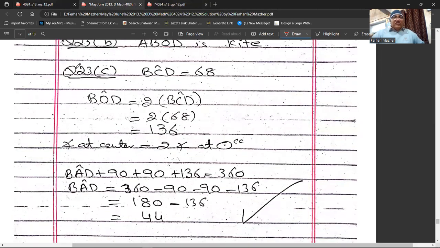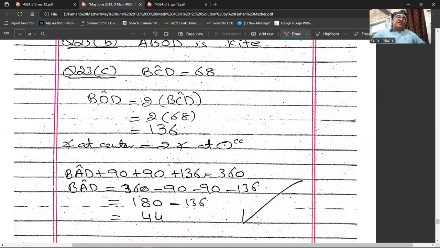So question number 23, C part: BCD is equal to 68. The BOD will be equal to 2 times the BCD. It will be 2 into 68, that will be 136. The reason is the angle at the center is 2 times the angle at the circumference. Then we will have BAD plus 90 plus 90 plus 136 equals 360. I explained this on the diagram.